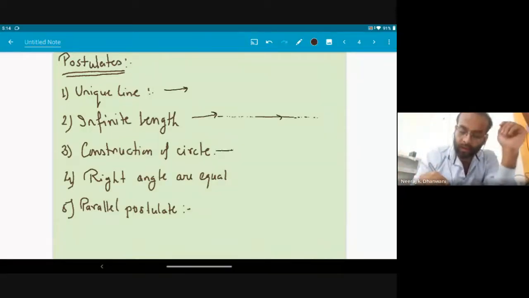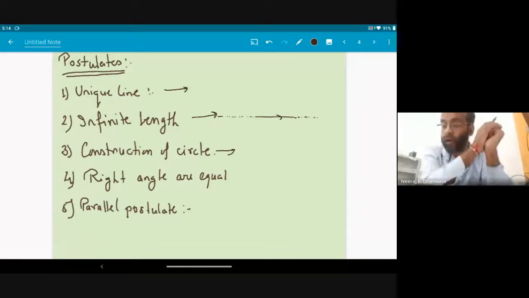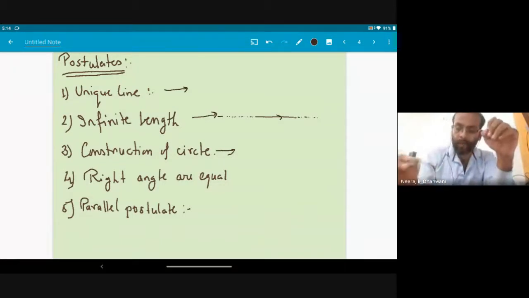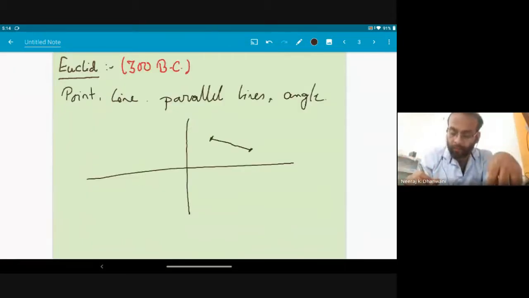Construction of the circles. His other postulate was that you can draw a circle at any point with any radius. So again, you take any point in the R2 plane and draw a circle of any radius, whatever you want.